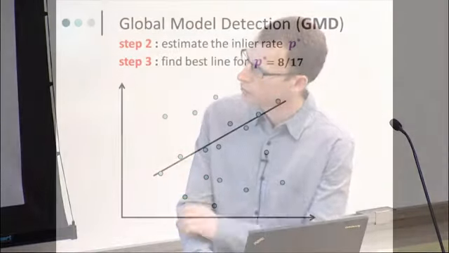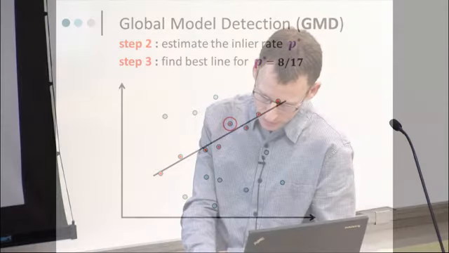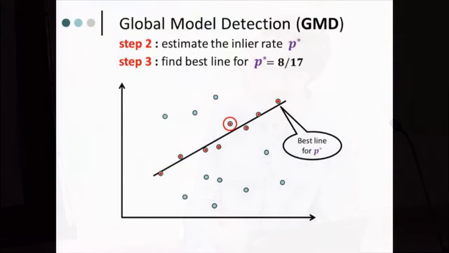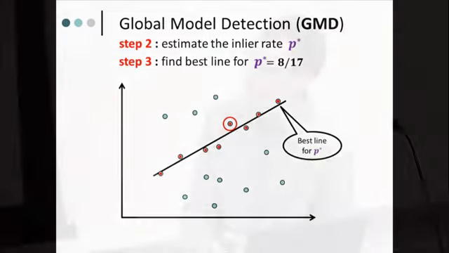And finally, we will find this line, which has this error, which is optimal for this P star equals 8 out of 17. So I will talk about the guarantees that allow us to do this. But the main part of this work is actually going back to step 2, which is how do we figure out what the inlier rate P star is.